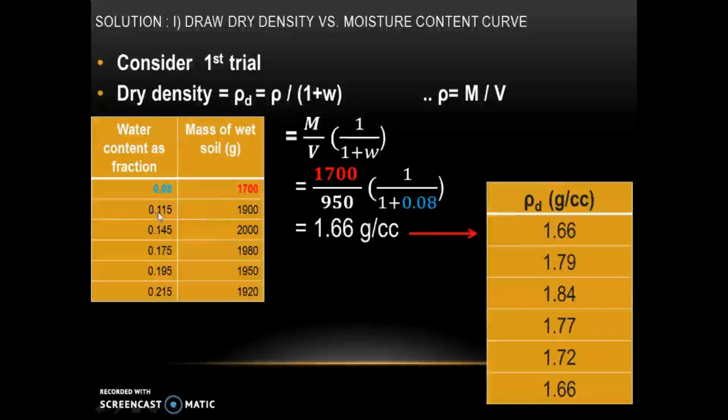For the second trial, we will replace the value of m as 1900 and the value of water content will be 0.115. So with that, for the second trial we will get dry density as 1.79. So the same steps have to be repeated for the rest of the 4 trials to get the values of dry density.